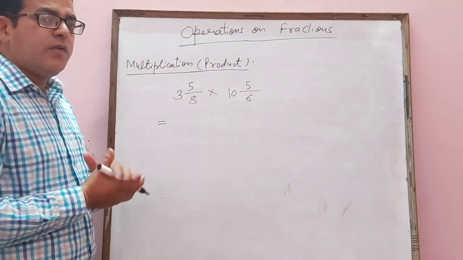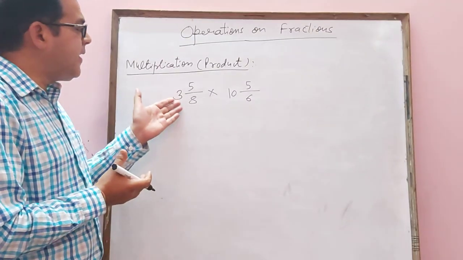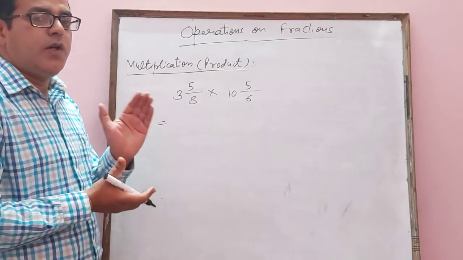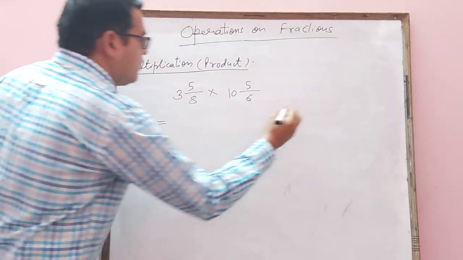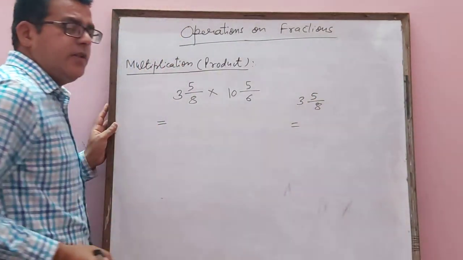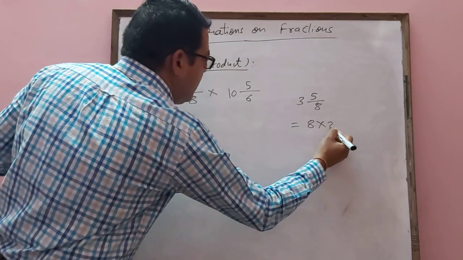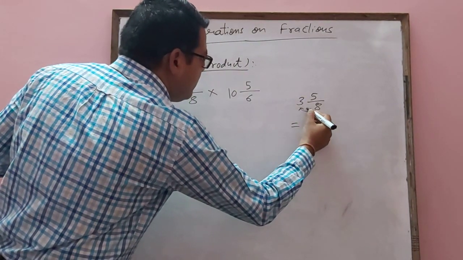So as per the rule we have to convert these mixed fractions into improper fractions. How can we convert? We multiply 8 with 3, just as we discussed before.